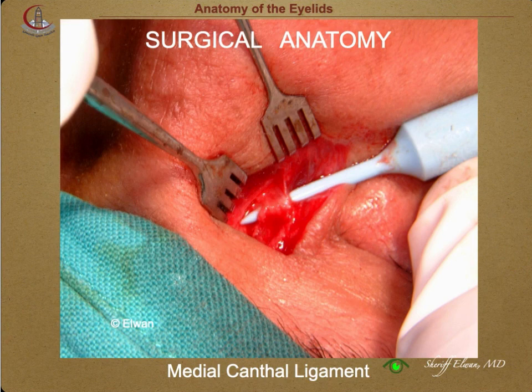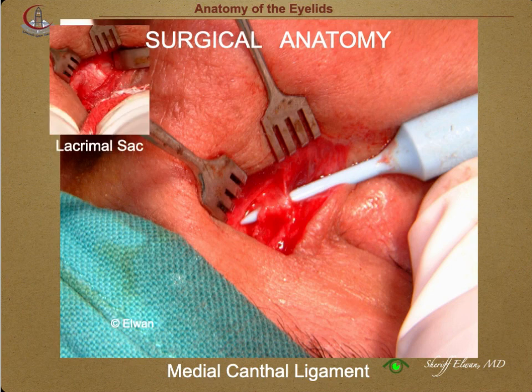In surgery for the lacrimal system, when we incise the skin and start to look for a landmark to dissect the lacrimal sac, we characterize and dissect the medial canthal ligament, the one you can see here with the probe passing under it, attaching from the medial ends of both tarsi into the anterior lacrimal crest.